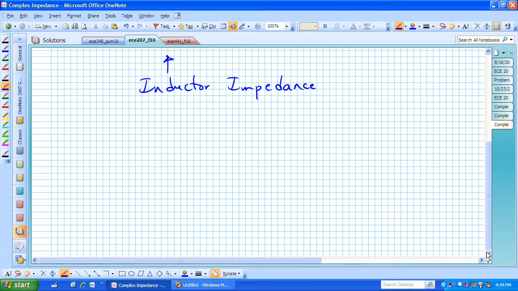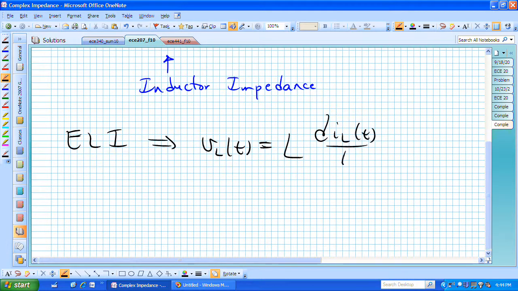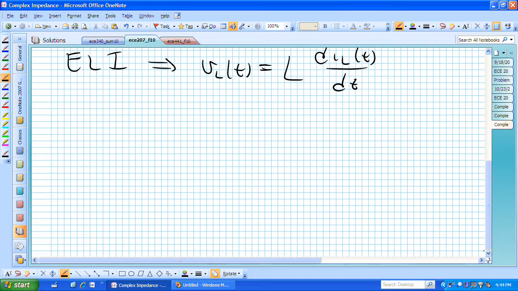Let's look at what we know. We know Eli, and that's our mnemonic for remembering that the voltage across an inductor in the time domain is L di sub L dt. And that's what we're going to use then to derive these relationships for the impedance of the inductor.